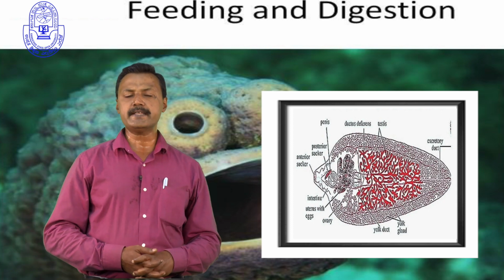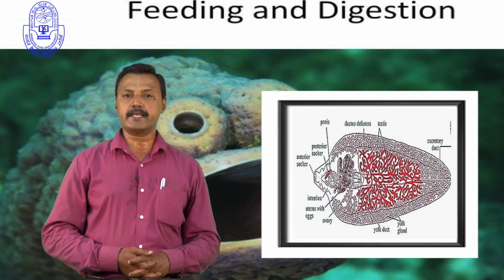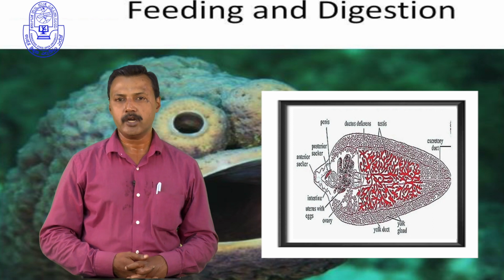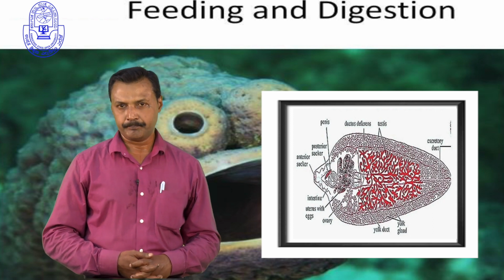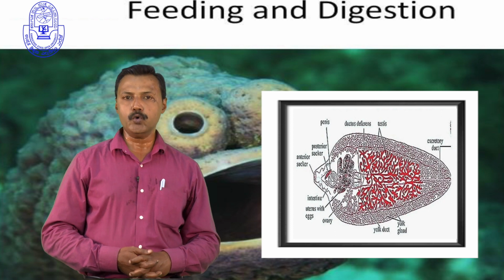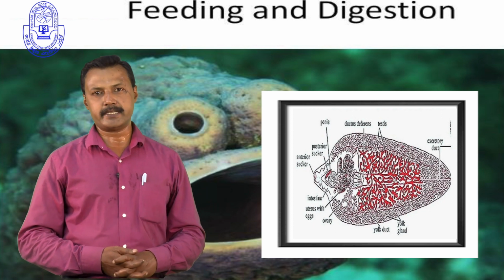The amoebocyte cells present within the gastrointestinal cells transport the nutrition to various parts of the body. So, the undigested particles are eliminated either through the mouth or through the excretory pores.